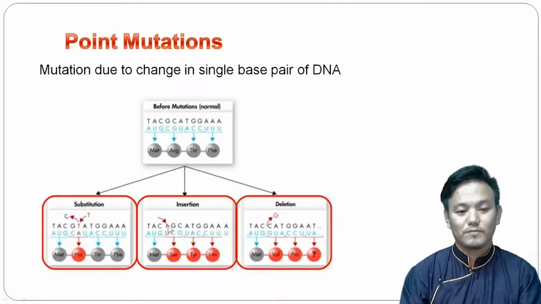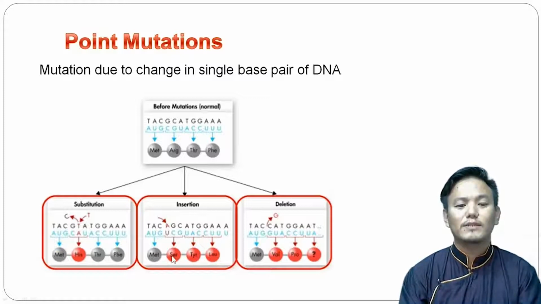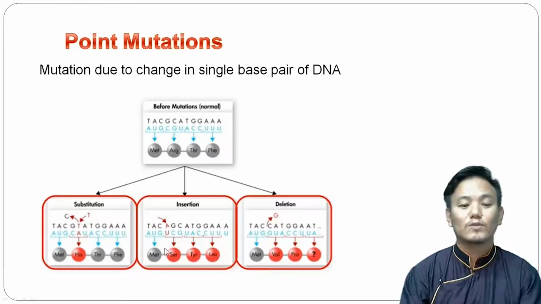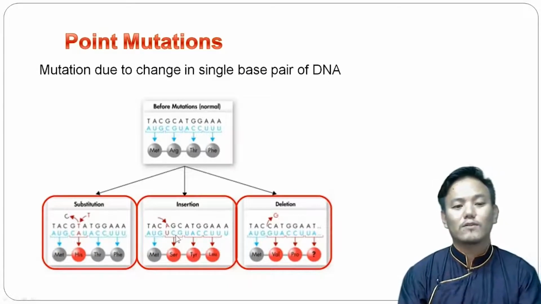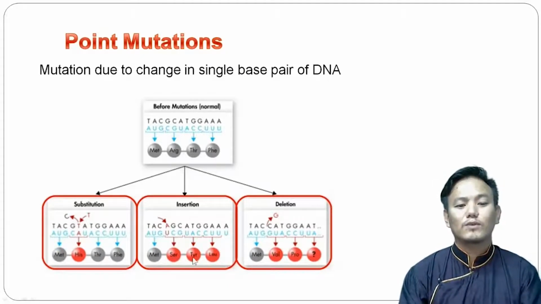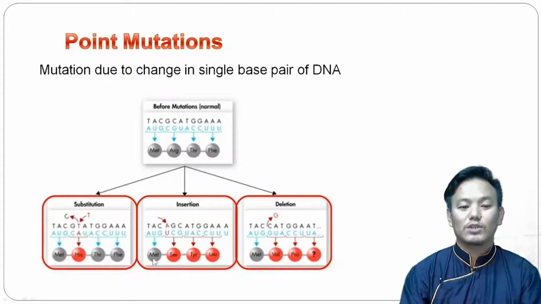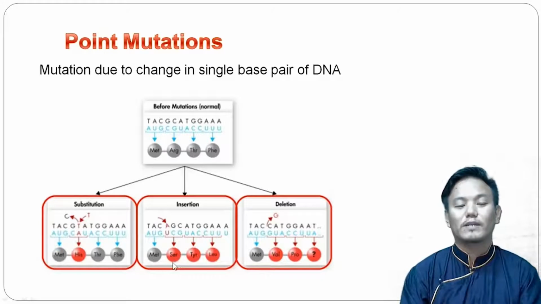When adenine is added over here, the entire amino acid sequence gets changed, because the genes are read in triplets. This we will study later on, I'm telling you again. So here you can see that insertion of a base can lead to a different polypeptide. So this will lead to a different phenotype.